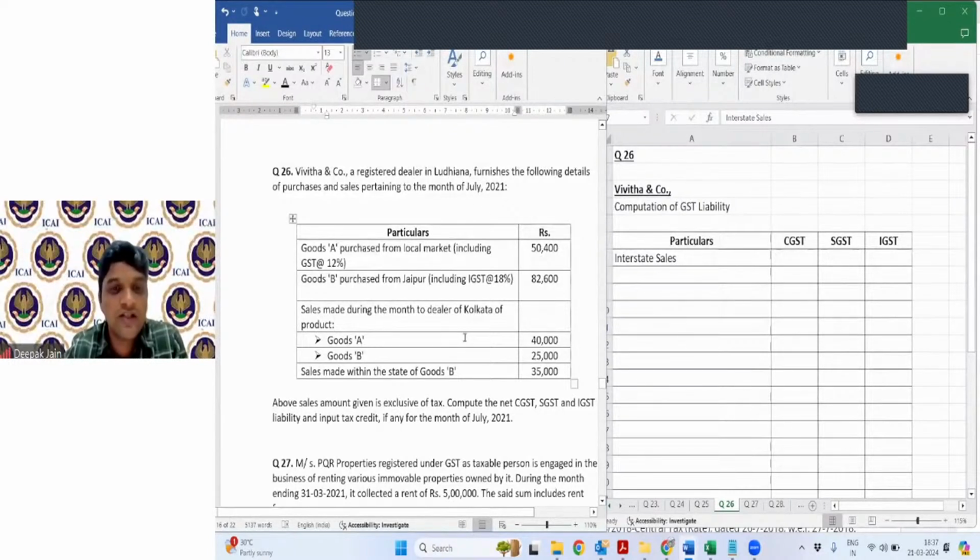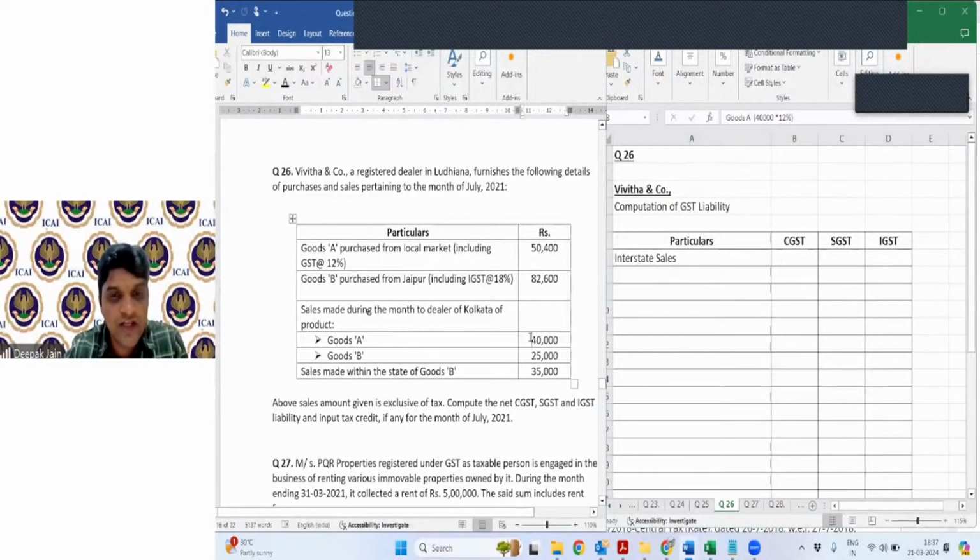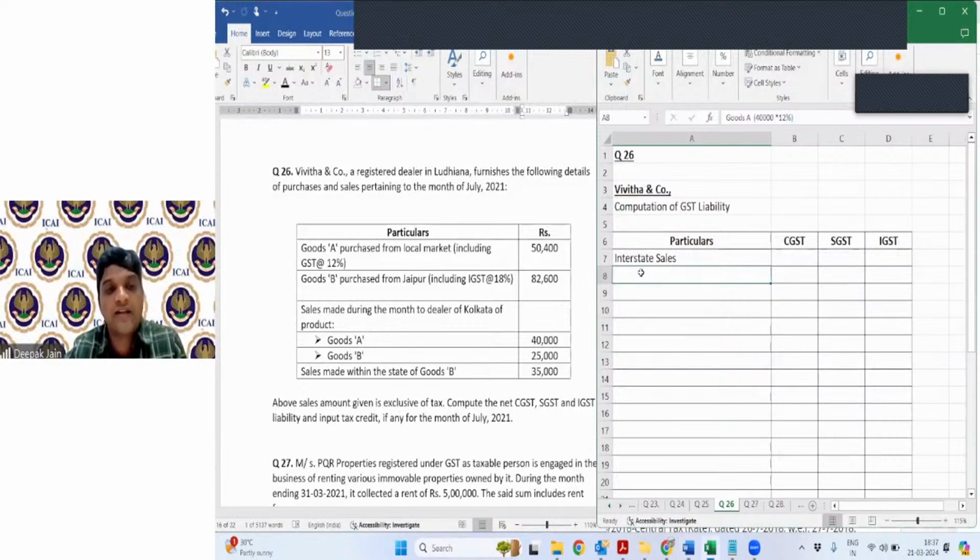So I know it is an interstate sale. Interstate sale of goods A, sold for a value of 40,000 rupees. On this 40,000, what will be the rate of tax? Will it be 18% or will it be 5%?